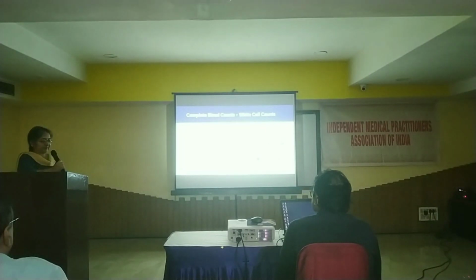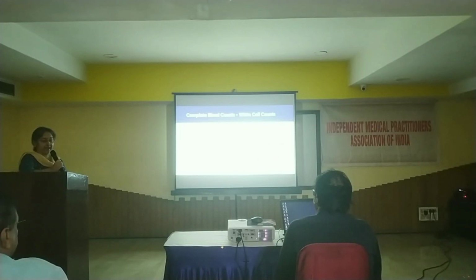But when the counts are high, we need to also consider normal individual variations, and conditions such as pregnancy, where the counts can be as high as 18 to 19,000 cells per microliter as the body adjusts to the baby. Total counts can also increase with anxiety or stress, with other inflammatory disorders, and with malignancies.